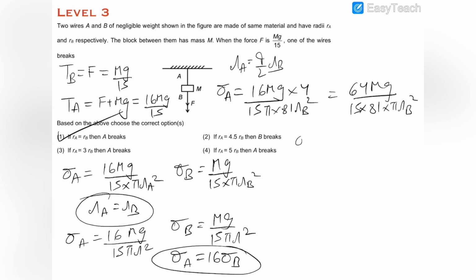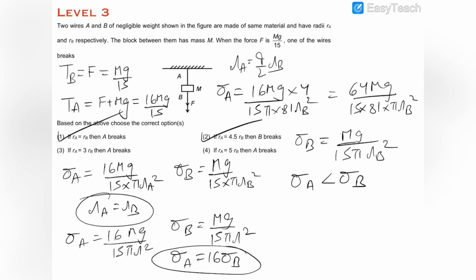And we already know that sigma B will be equal to this one, mg by 15 pi RB square. So if you compare these two terms, then you can see that 64 by 81 is less than 1. Therefore, sigma A is less than sigma B. So B will break. This is correct one.